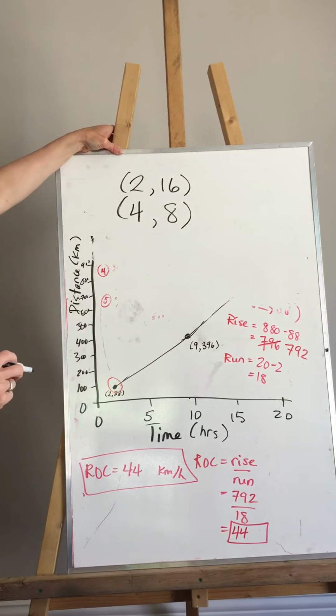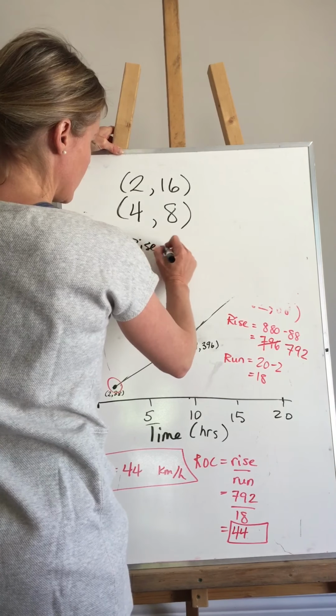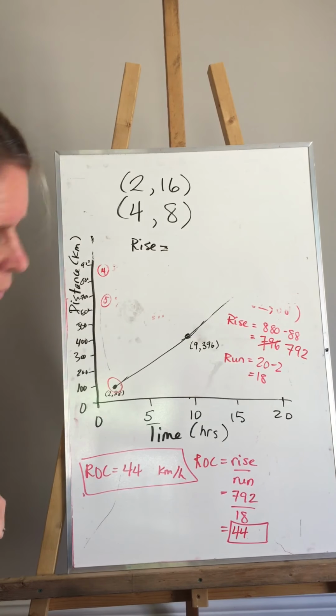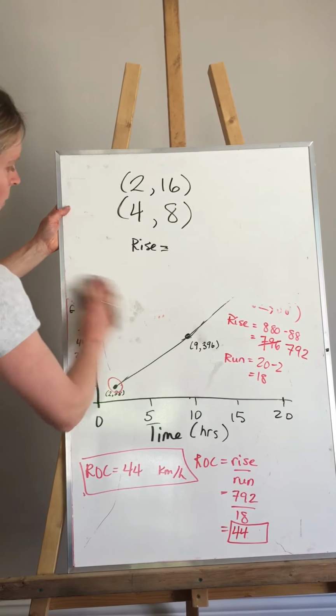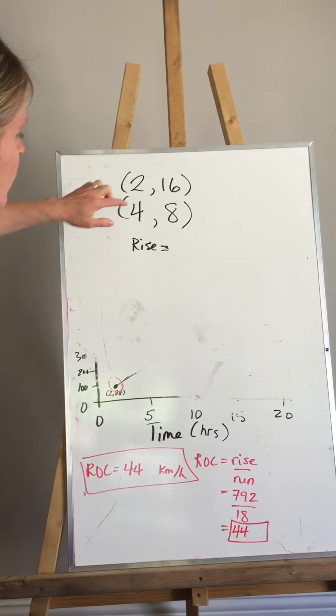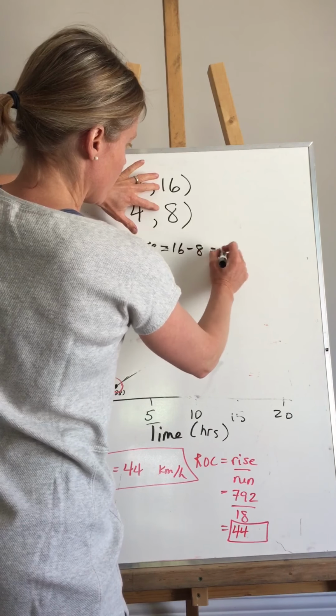Okay, let's say those are your 2 points. And you go to calculate your rise, and you know that your rise is the difference in the y-coordinates. So my rise is 16 minus 8, so that's 8.